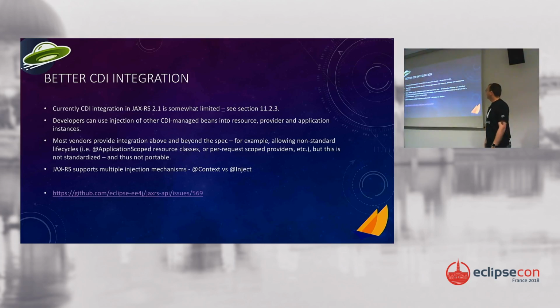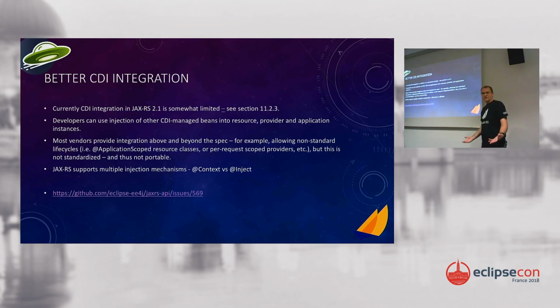The last thing I want to talk about for the future is better CDI integration. In 2.1, we have CDI integration. It basically is unchanged from 2.0, but we'd like to add a few more niceties to it. For one thing, we currently support multiple injection mechanisms with @Context and @Inject. We'd like to get to a point where we're just using CDI.